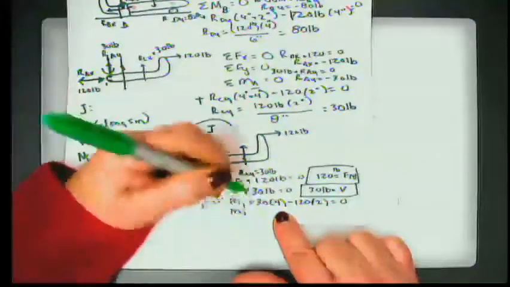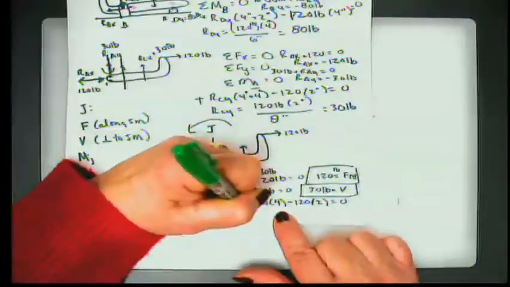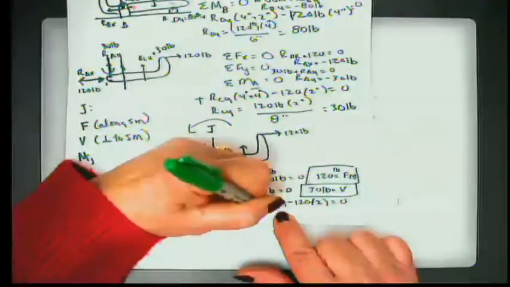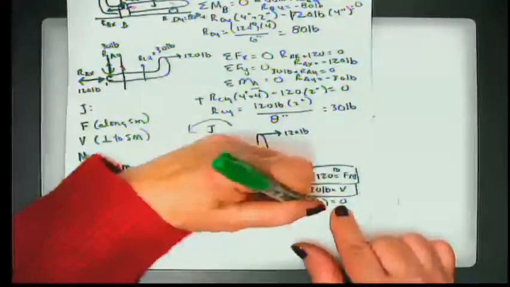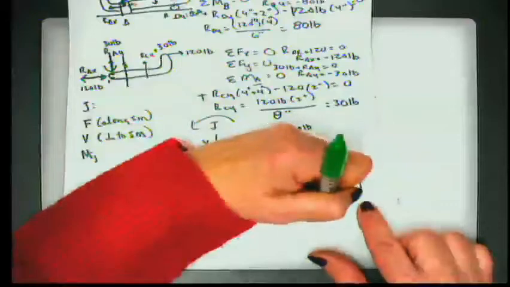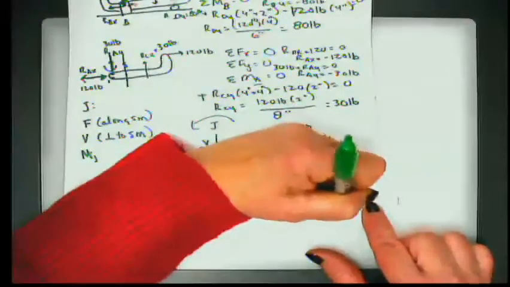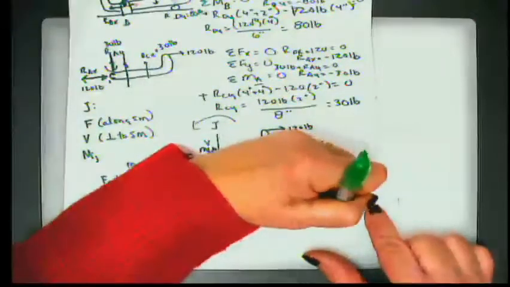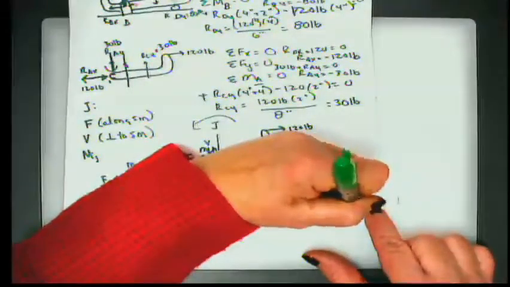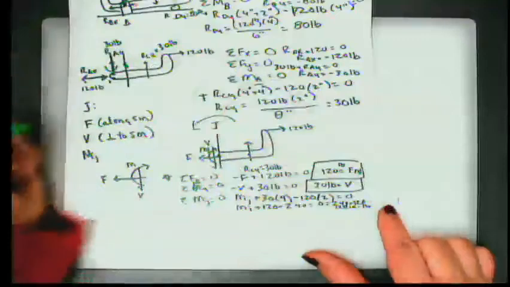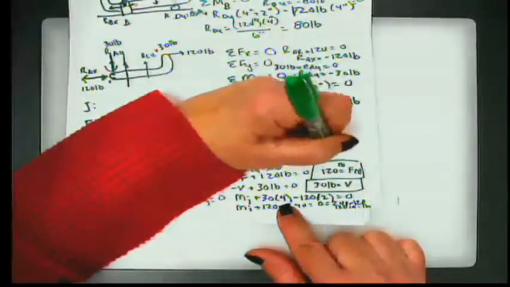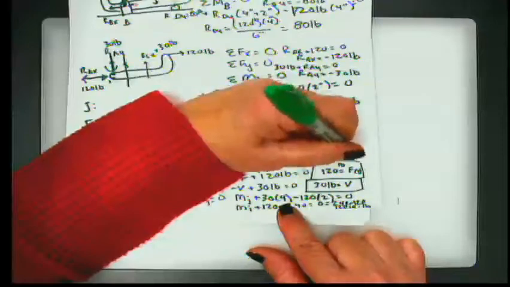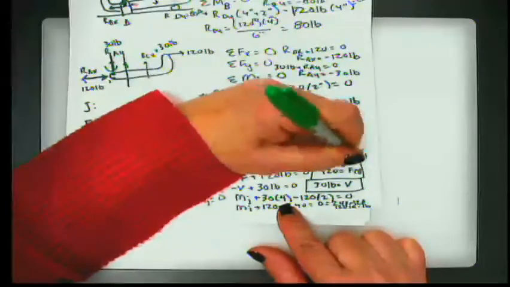The moment at J plus 120 minus 240 equals 0. So that means that it's equal to 240 minus 120, or 120 inch pounds. Okay? So 120 inch pounds is equal to the moment at point J.